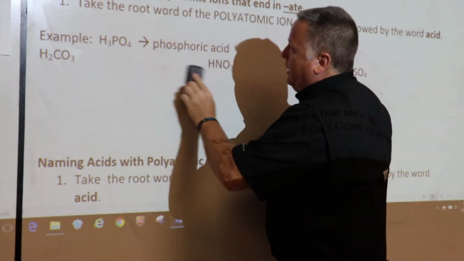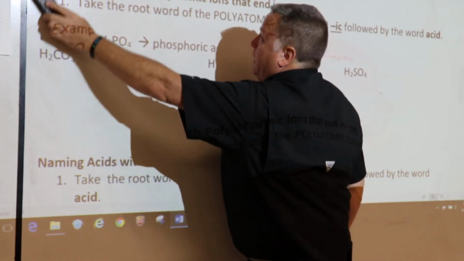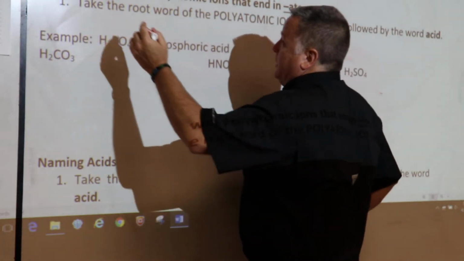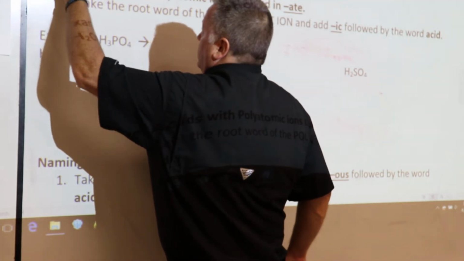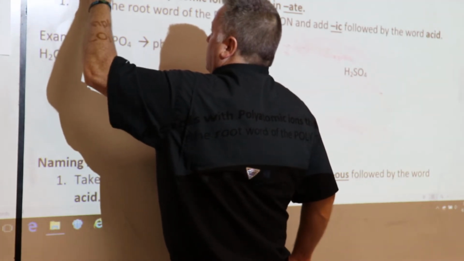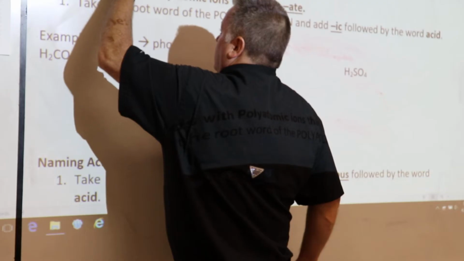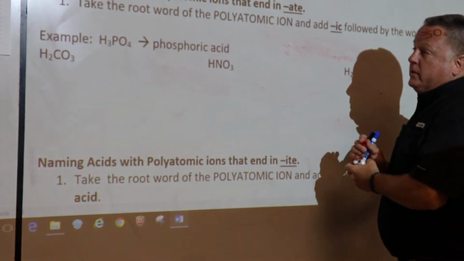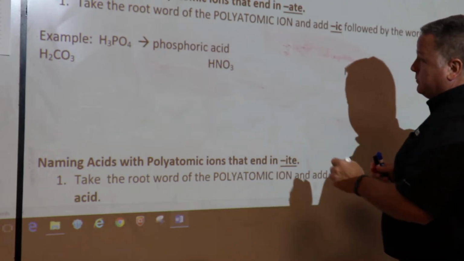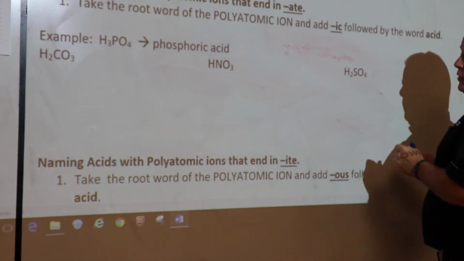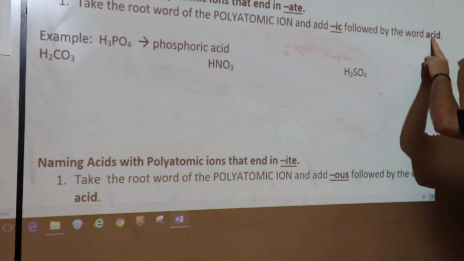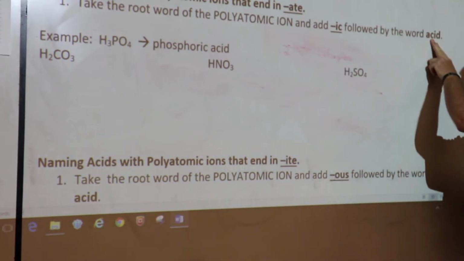So go ahead and pull it out for this part, and we'll go through these. They have a formula that has hydrogen and a polyatomic that contains oxygen. So the first one, we're going to take the root of the polyatomic ion, we're going to end it with IC, and then we're going to end it with the second word, acid.